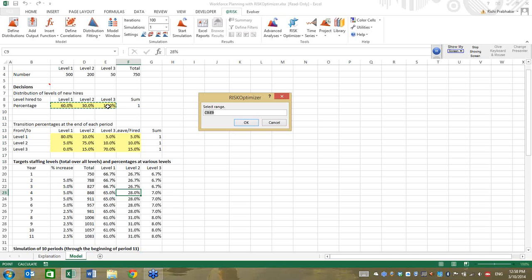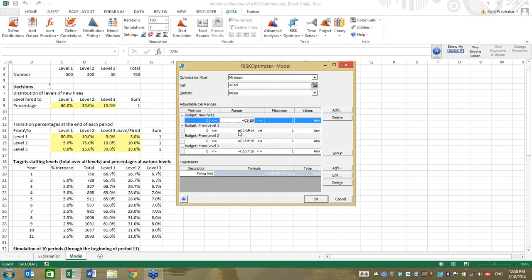Here I have that these 3 decisions need to add up to 100%. But you can see down below that levels 1, 2, and 3, each of those separate 3 decisions as well also need to add up to 100%. So I actually have 4 different budget problems. I also have a constraint here around firing people, which is nice. It's good to know that companies will limit the amount of firing they'll do.